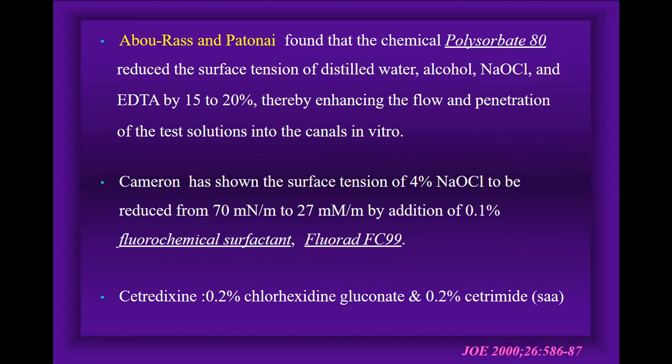Cameron has shown the surface tension of 4% sodium hypochlorite to be reduced from 70 to 27 by addition of 0.1% fluorochemical surfactant, Fluorad FC-99. Cetrimide, 0.2% chlorhexidine gluconate and 2.2% cetrimide.